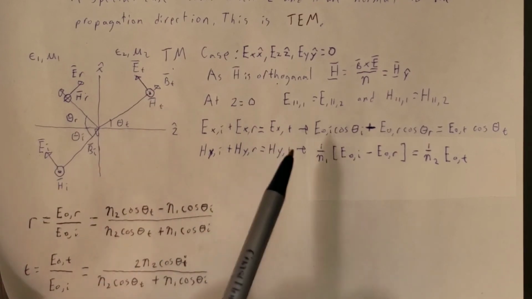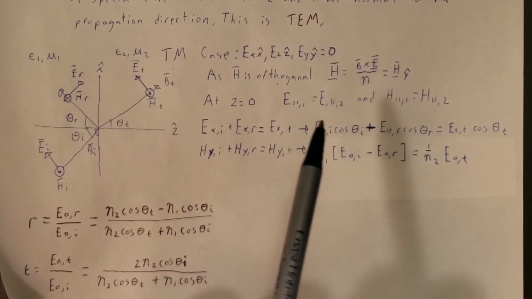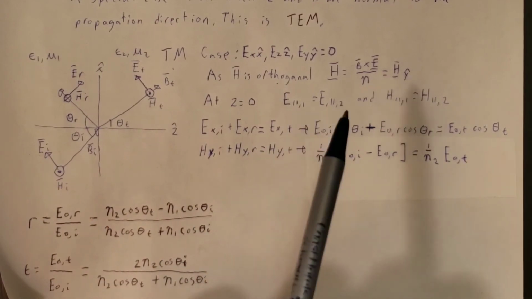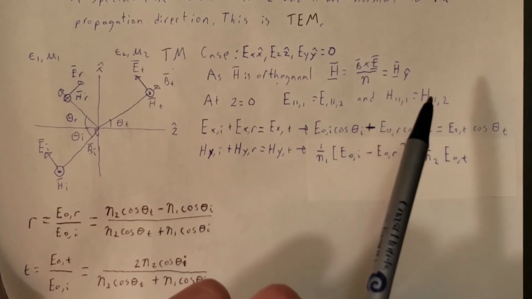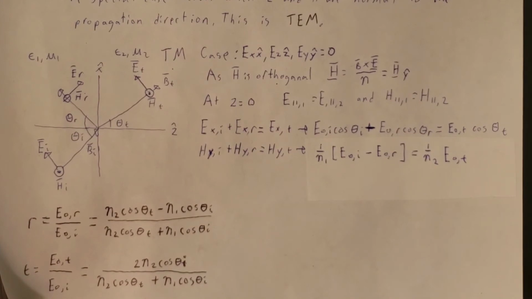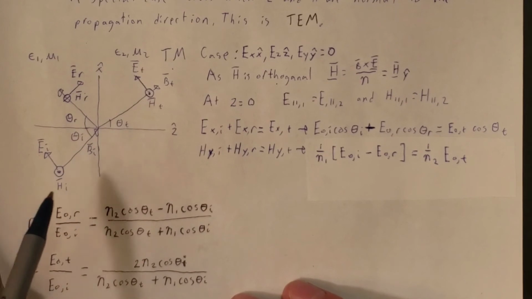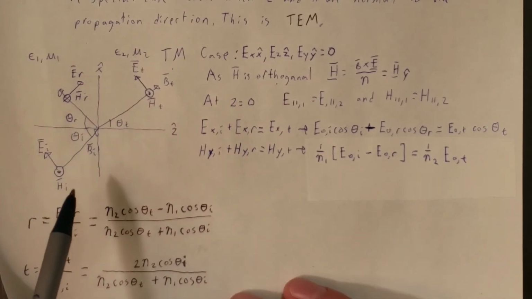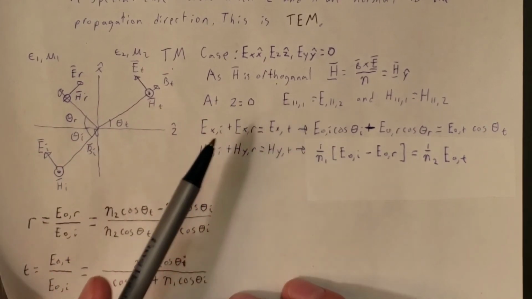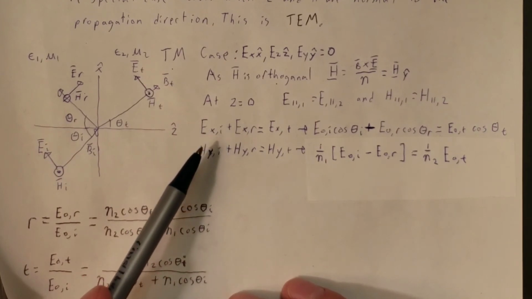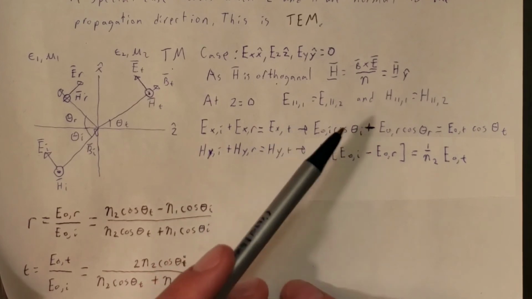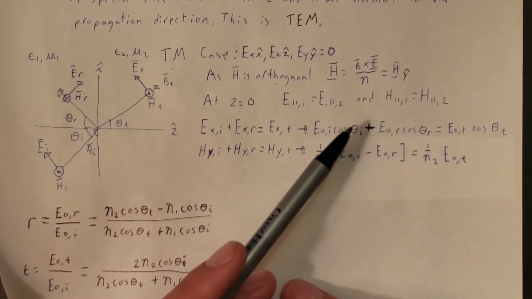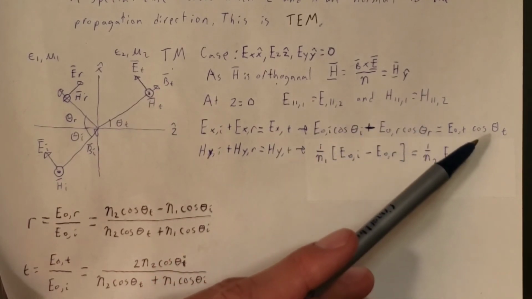Now, at z equals 0, we can again apply the boundary conditions. Parallel electric fields are equal to each other, and parallel magnetic fields are equal to each other. But in this case, we have an x and z component to the electric field, meaning that when we have the equation EXI plus EXR equals EXT, we are going to add cos theta I, cos theta R, and cos theta t to this.